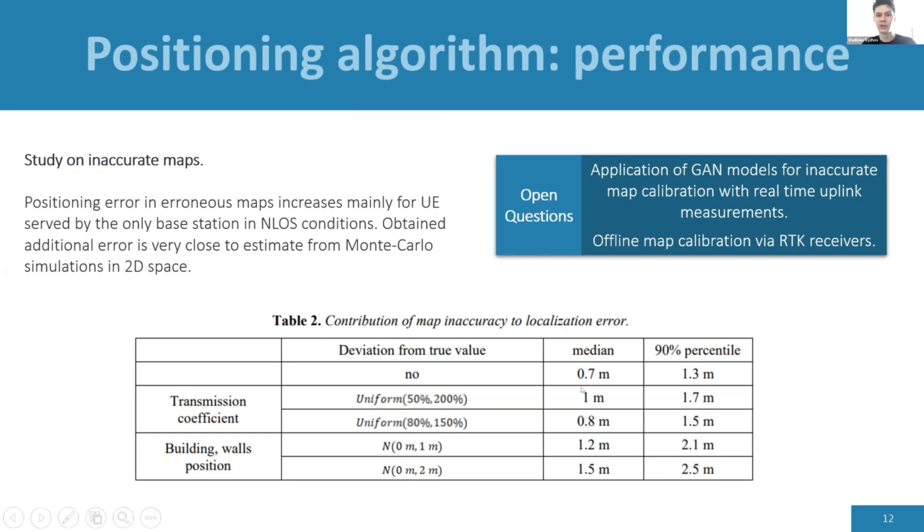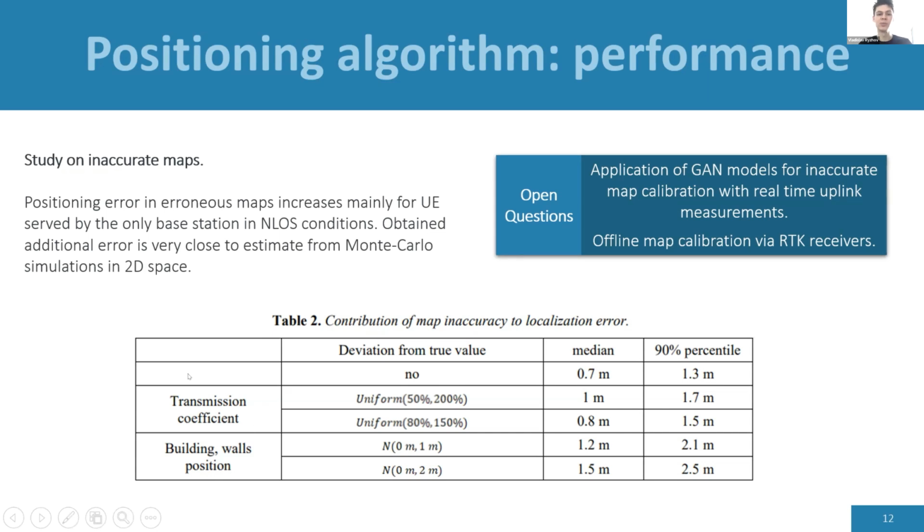We see that if we consider that our map is almost correct, and most errors come from angle of arrival estimation and noise in the channel, the 90% percentile is about 1.3 meters.